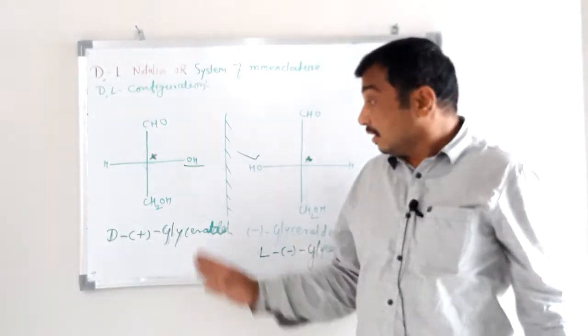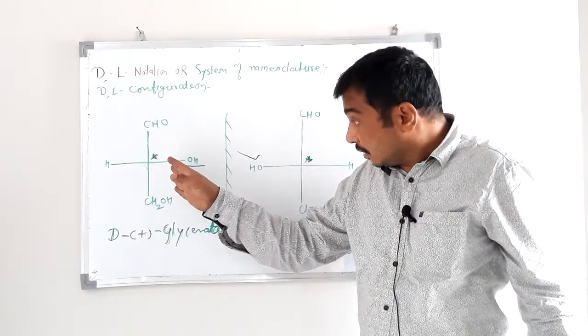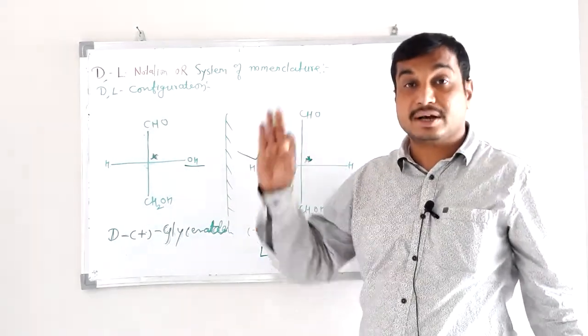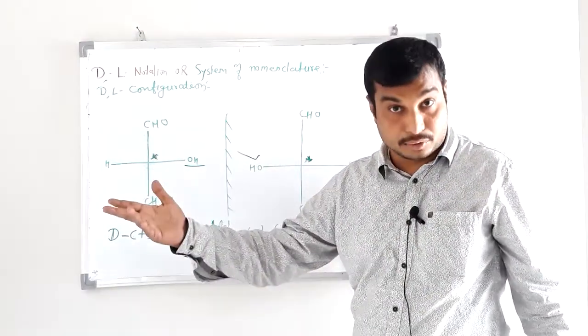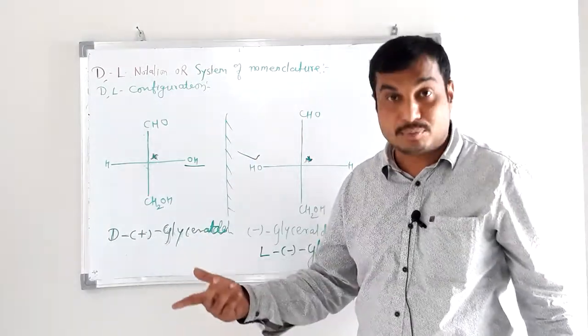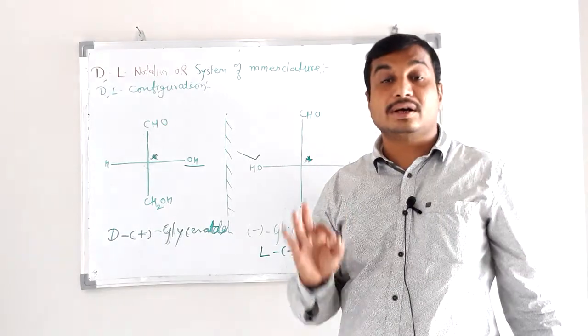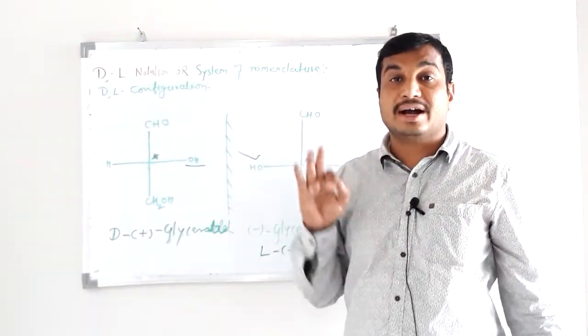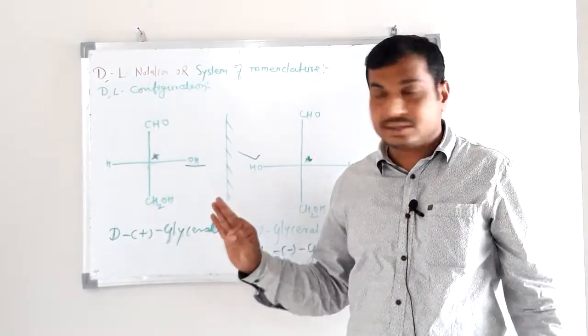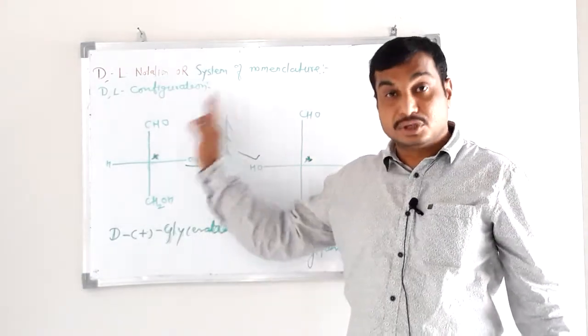By referring to these two, we determine the configuration of the remaining carbohydrate molecules. Actually, this DL system of configuration is only applicable for carbohydrates, not all compounds. This is one of the drawbacks of this system.